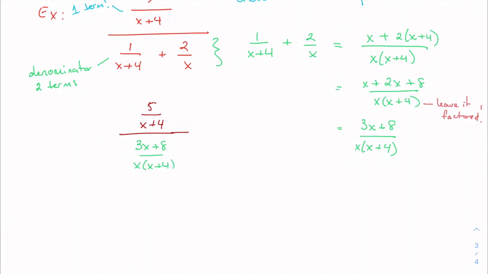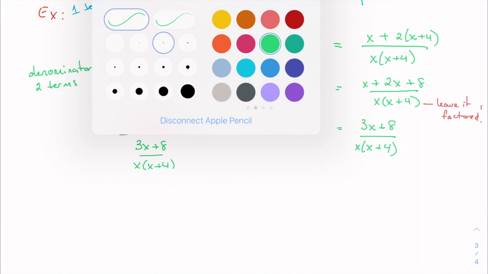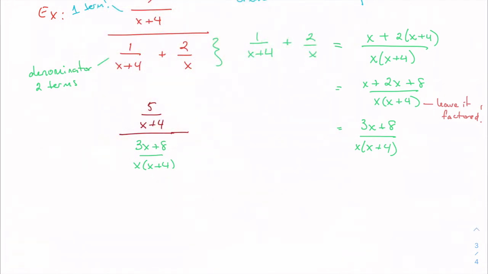Well, now this is just division, right? We just learned how to deal with this. All this is 5 over x plus 4 divided by 3x plus 8 over x times x plus 4, which we know, keep, change, flip.